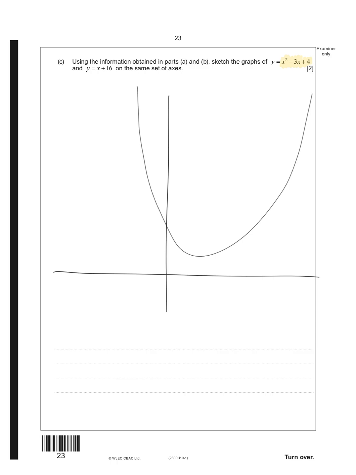Then the other one is a straight line with positive gradient going through 16, and we know that the line and the curve intersect twice. For 2 marks, I don't think we need to put any other information on.